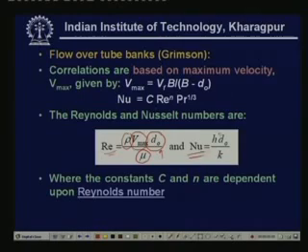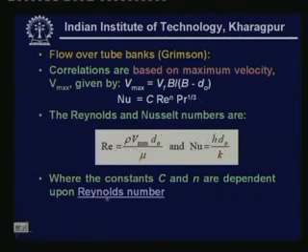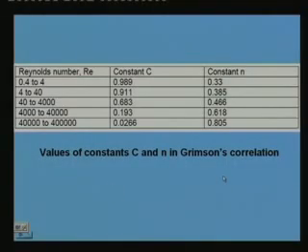Similarly, the Nusselt number is given by h times D0 divided by k, where k is the thermal conductivity of air and h is the convective heat transfer coefficient. So first find the Reynolds number and Prandtl number, then find the Nusselt number, and from that find the heat transfer coefficient. The constants C and n depend on the Reynolds number. For example, these constants are given in this table.